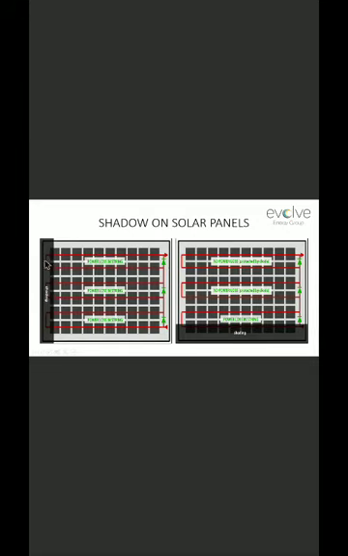This is one subgroup, I can say, one submodule. If you say this is a solar module of 60 cells, then these 20 cells are one submodule, another 20 is another submodule, and another 20 is another submodule. So the shadow falls on all 3 submodules and the resistance between these 3 submodules is the same.